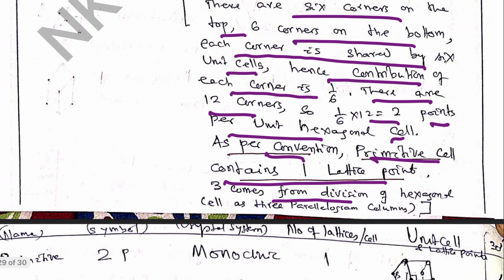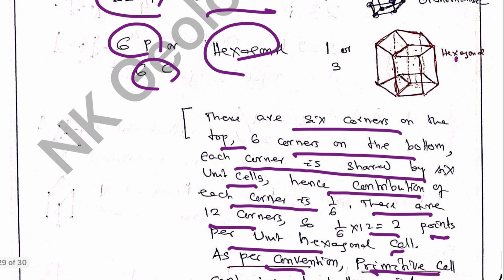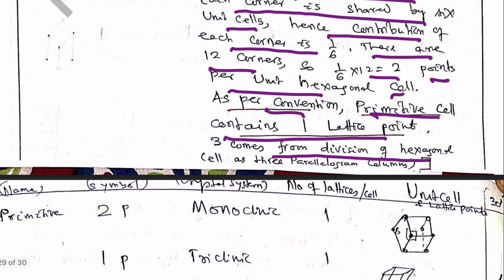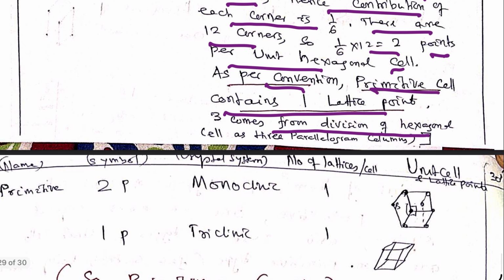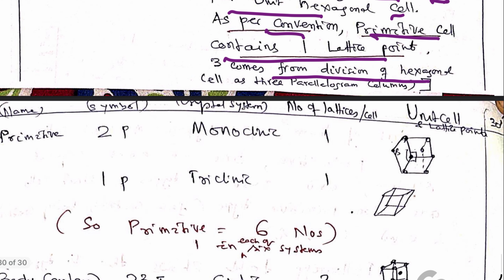So 3 comes from the division of the hexagonal cell as 3 parallelogram columns joined. But generally it is considered to be 1 hexagonal net contribution, either it is considered to be 1 or it is considered to be 3. So this is about the primitive.